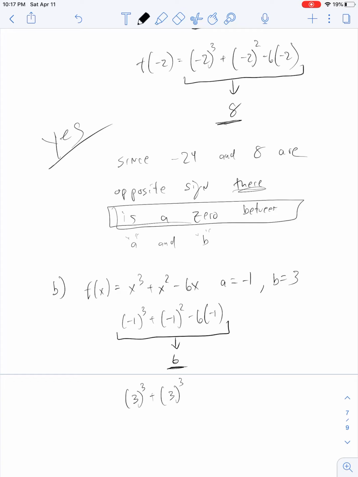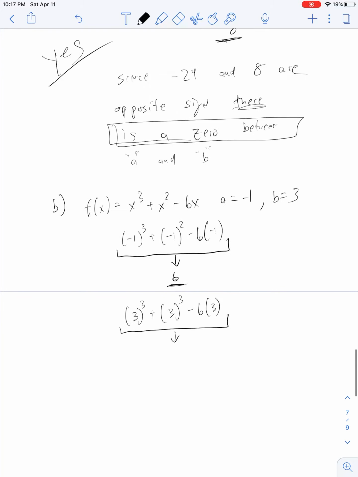You do it one more time with your 3. Once again, like I said, it's just some nice problems. All you're doing is really putting this into your calculator and being careful with it, or just following your order of operations. I'm sorry, this here should be a 2. All right. So here we get 18.